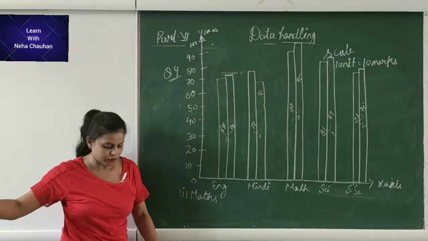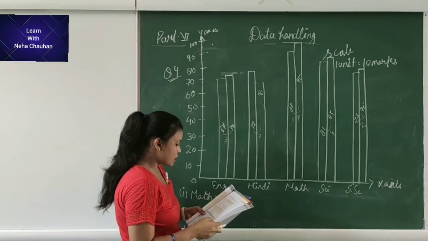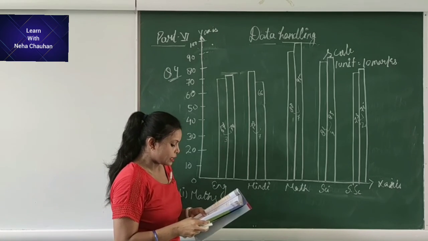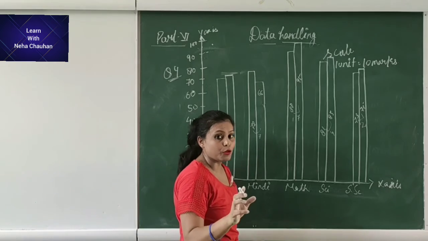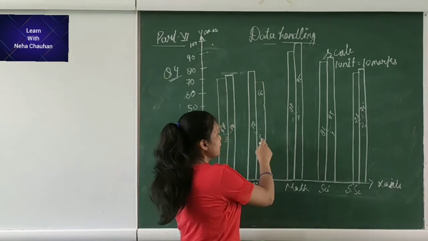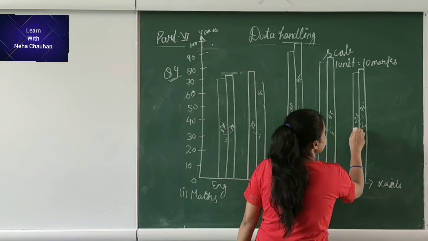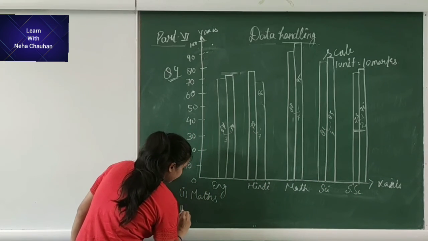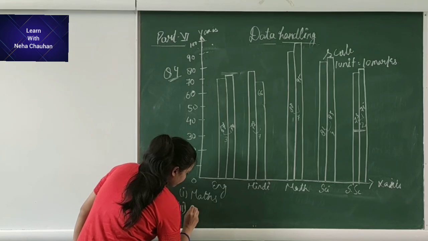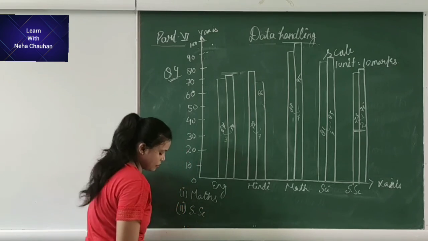Alright. Next is, in which subject is the improvement the least? Least improvement, not the decrement. Least improvement in which subject? That is social science.